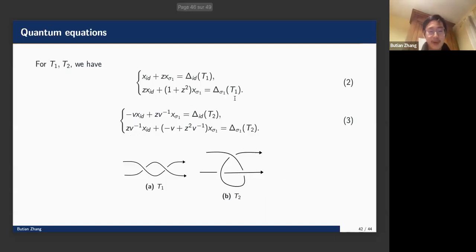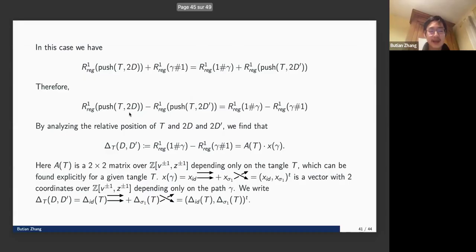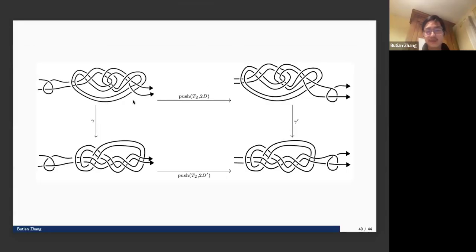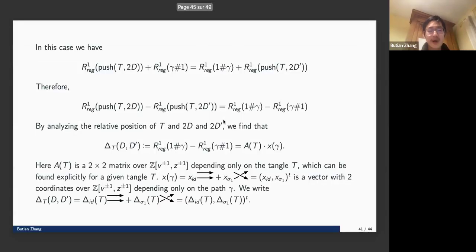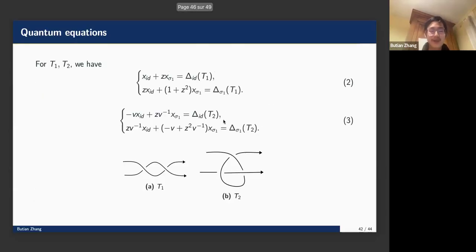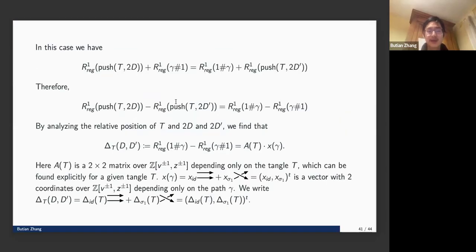Sorry, I should mention this system of equations is called the quantum equations for the two string links. These quantum equations can be used to distinguish knots. How should we do that?